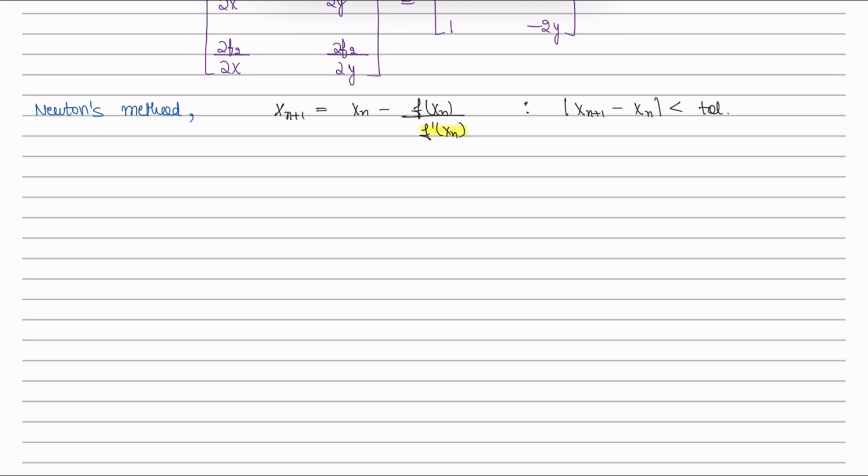For the system of nonlinear equations, we will have equations in the form of f of x equals to 0, where this value x will be a vector containing all the variables, and this f of x will be matrices of all the functions in n variables.